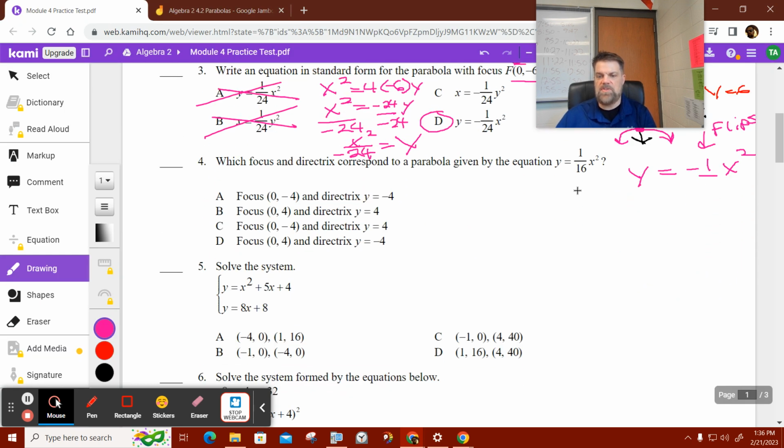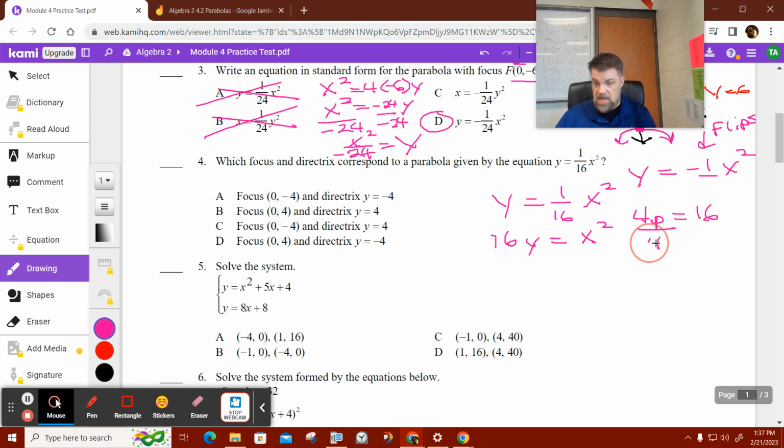It says y equals 1 over 16 x squared. So then what I'm going to do is I'm going to multiply both sides by 16. When I do that, I get 16y is equal to x squared. Remember that 4 times p should equal that 16.